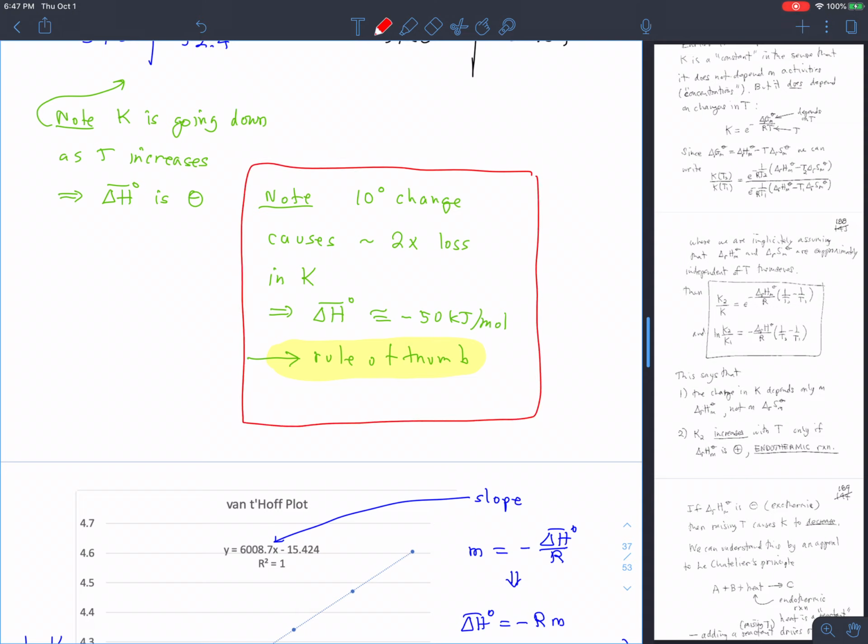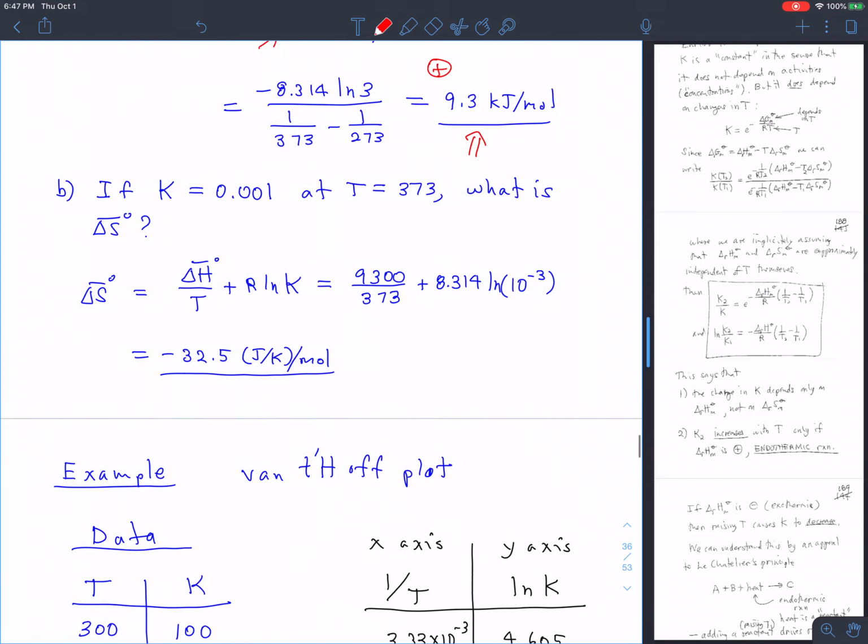If a 10-degree change causes about a factor of 2 change in the equilibrium constant, that indicates a delta H value of about plus or minus 50 kilojoules per mole, depending on whether K went up or down. That's the rule of thumb, and it works backwards too. If you know that delta H is about 50 kilojoules per mole, then a 10-degree change will cause about a factor of 2 change in the equilibrium constant.